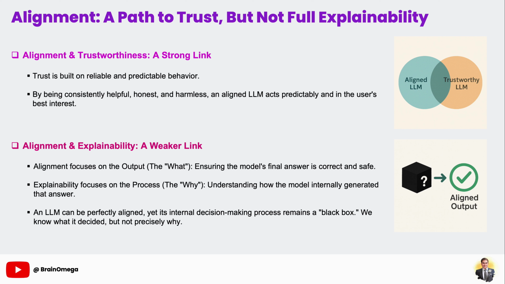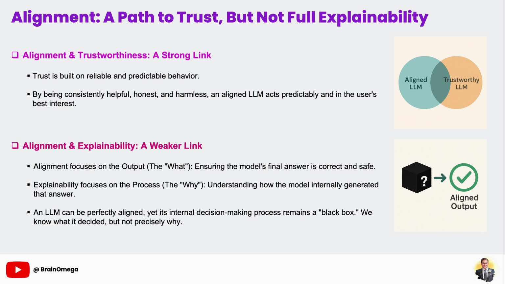By meticulously aligning a model to be helpful, honest, and harmless, we ensure its behavior is consistent and acts in the user's best interest. As the Venn diagram illustrates, an aligned LLM and a trustworthy LLM are deeply interconnected concepts. Alignment is the how, trustworthiness is the result.